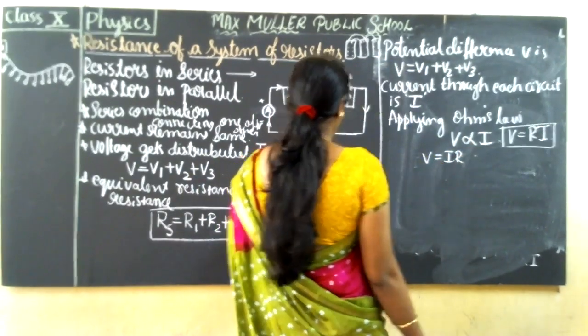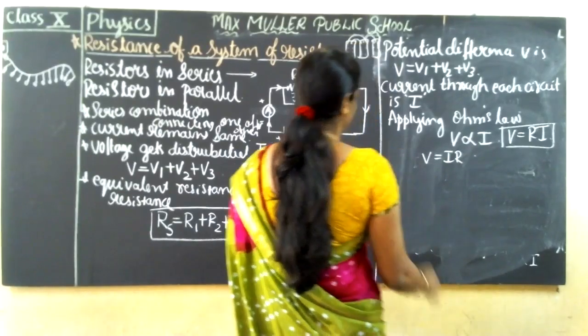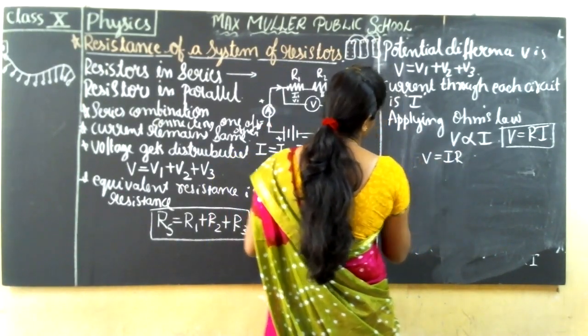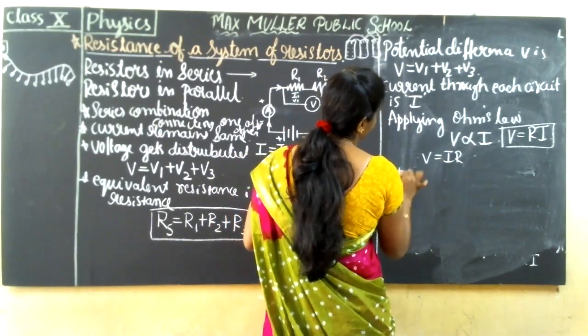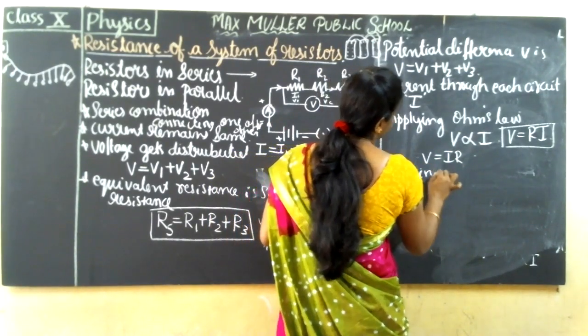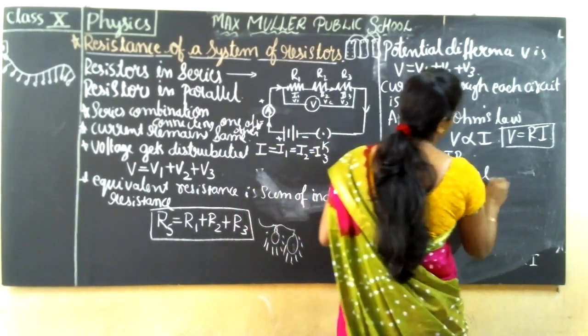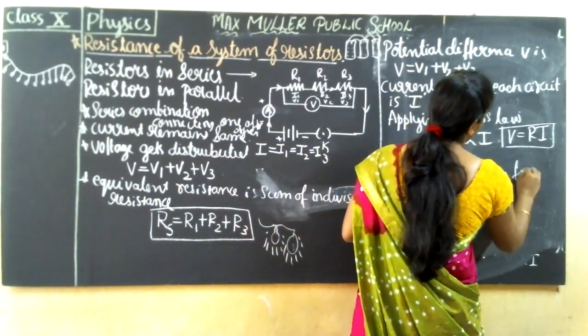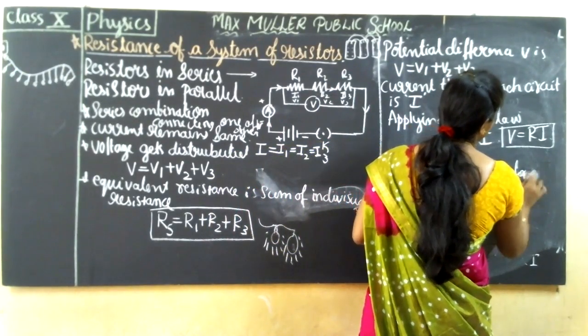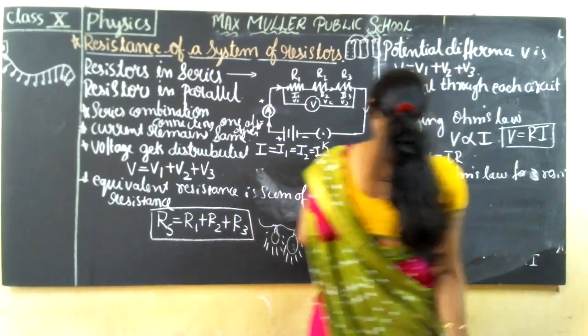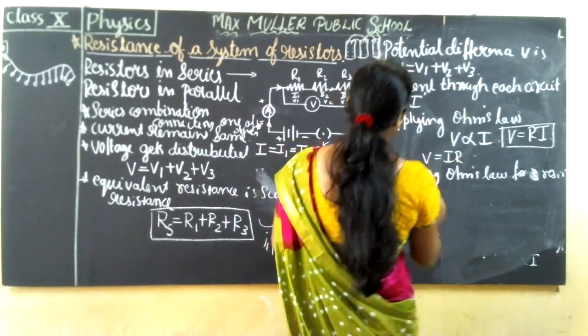Applying Ohm's law to the three resistors separately. So what I am doing here is applying Ohm's law to all three resistors. Clear? So what do we get here?